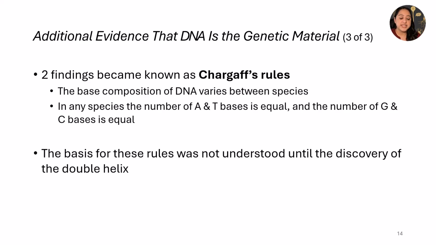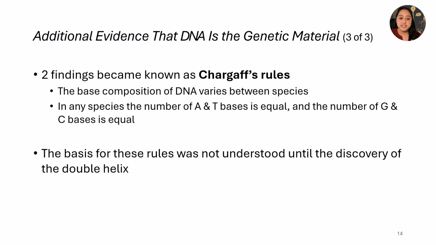His second finding is that in any species, the number of A and T bases is always going to be equal, and the number of G and C bases is always equal to each other. So if there are 33 A's, then there are going to be 33 T's. If there are 47 G's, there are going to be 47 C's.